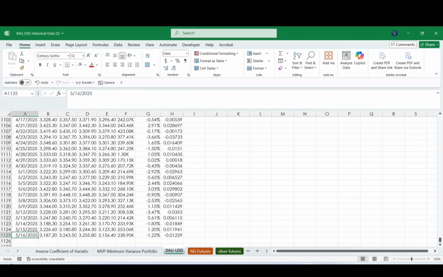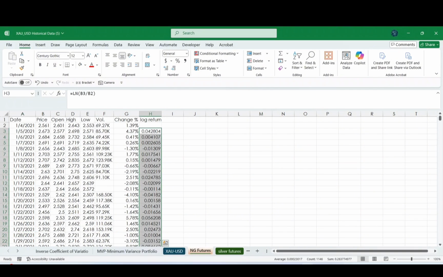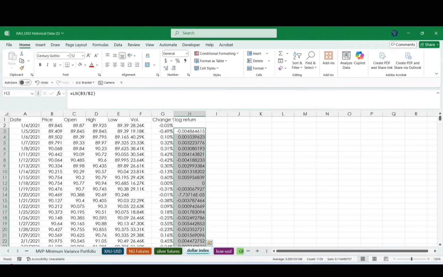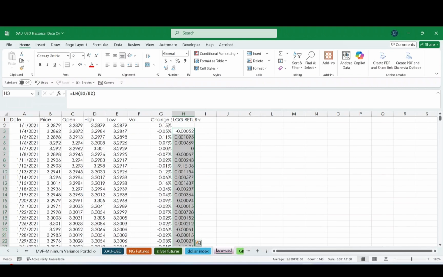Okay, so you can see there were 1,124 entries. The same was done for natural gas futures, which is a commodity, silver futures, which is also a commodity, the dollar, which is an index, Kuwait dinar against USD, which is forex, and GBP USD, Great British pounds against US dollars.